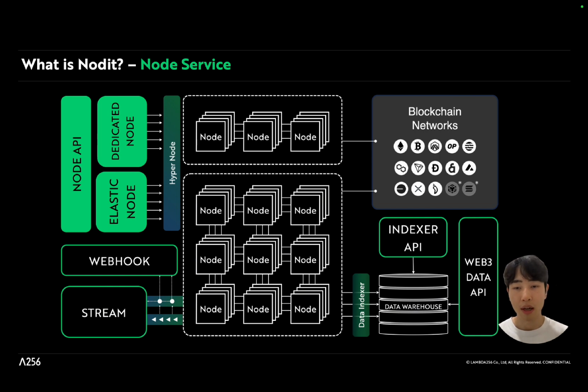You can use these just like you would with your own node, but without having to manage any of the infrastructure. By default, you will be using our Elastic nodes. These are part of our shared node pool and are ideal for most hackathon projects. For production or high throughput use cases, we also offer dedicated nodes, and those are part of our paid plan.